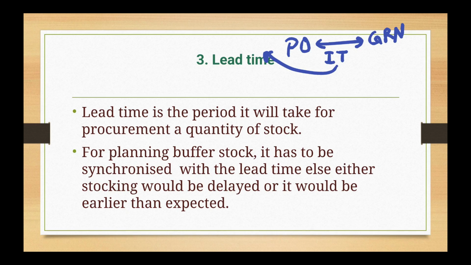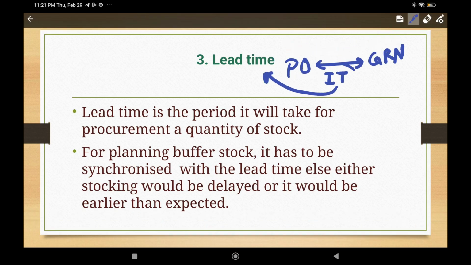For planning buffer stock, it has to be synchronized with the lead time, else either stocking would be delayed or it would be earlier than expected. Now see, this intermittent time is very important for the calculation of buffer stock. Suppose for a particular drug we have kept 25% buffer stock.